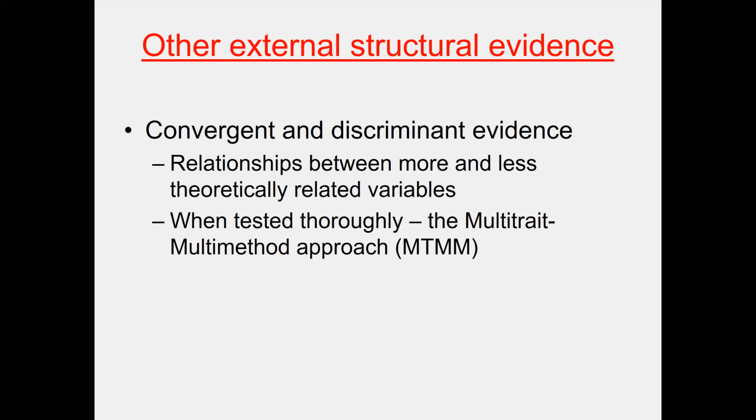This is where we look at the relationships between scale scores and other variables that we theorize will be related to our scale that we're validating. And this isn't the same thing as testing theory. It's testing technical quality of scales.